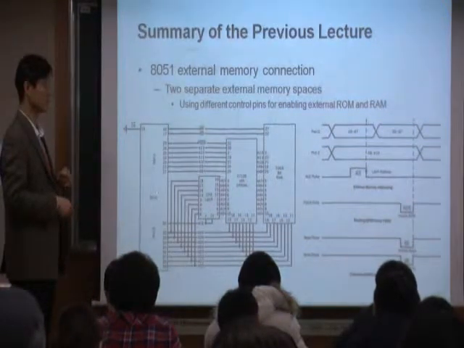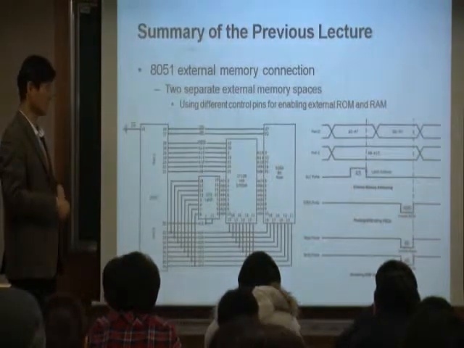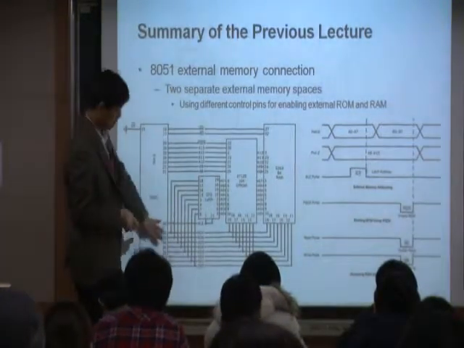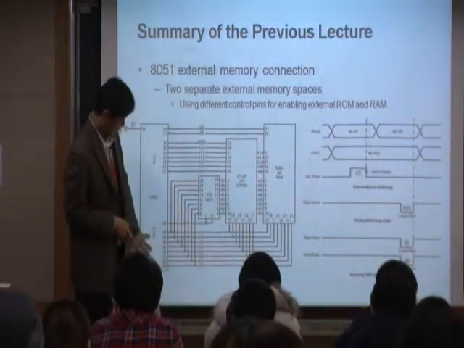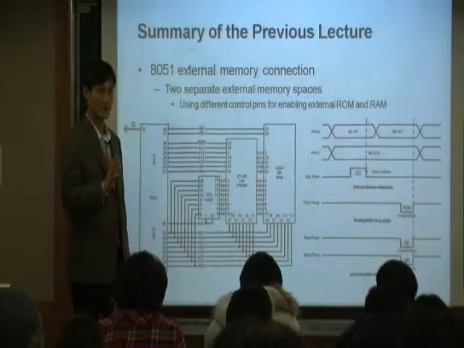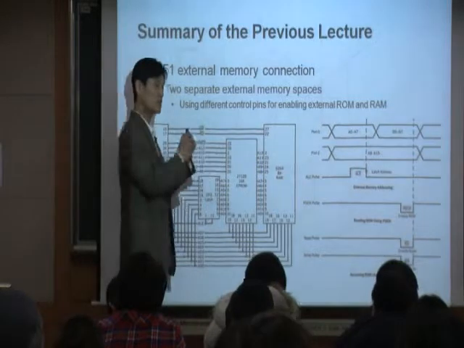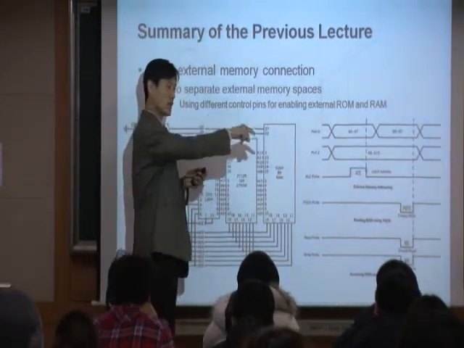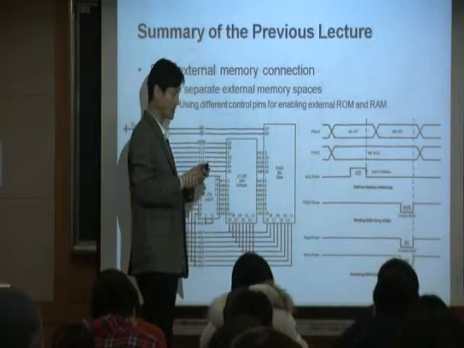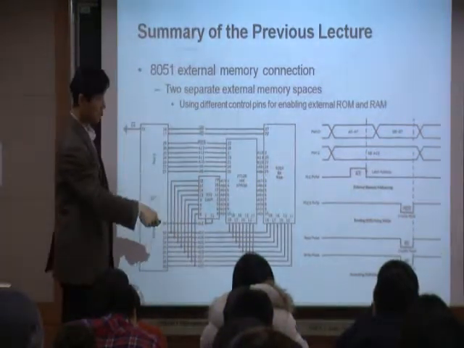This is the picture recommended for the 8051 chip. Let's see how it works. First of all, you have to send the address, because in order to get the data, you have to say what address you want to read. So look at this picture.